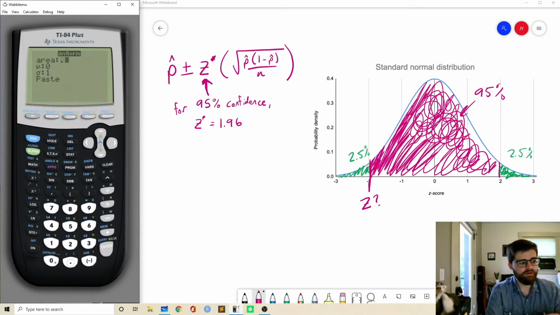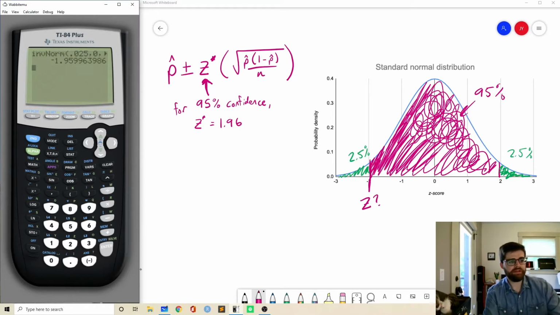So I'm going to put in 0.025. Or if I wanted, I could put in 0.975 and find that value. We'll get the same number, just the positive version. And that's how we got 1.96. Okay, you can see this is negative 1.96, this is positive 1.96. That makes sense. Our empirical rule tells us 95% of the data is within 2 standard deviations, so it should be close to 2.